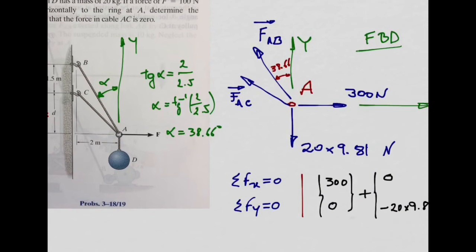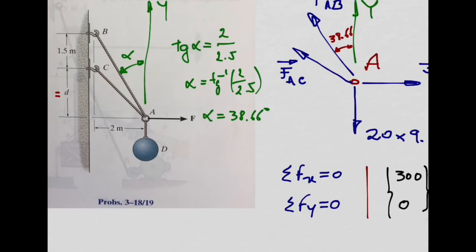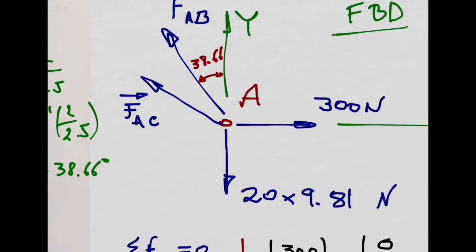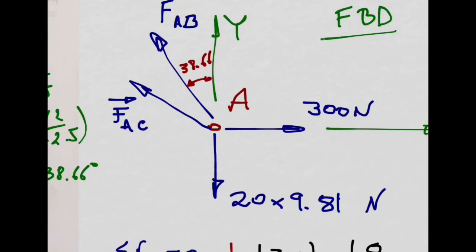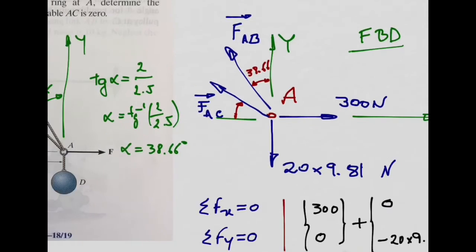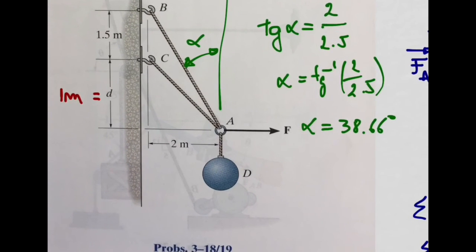Now, for this other vector FAC, we will need this angle now. Now we can do it in this way. This angle, for example, which is this angle here.